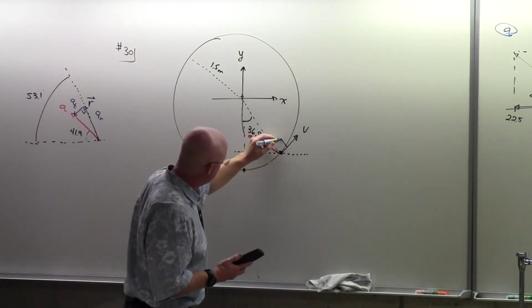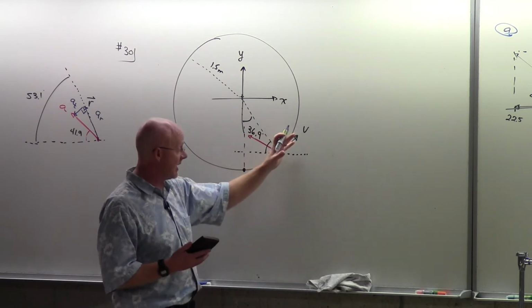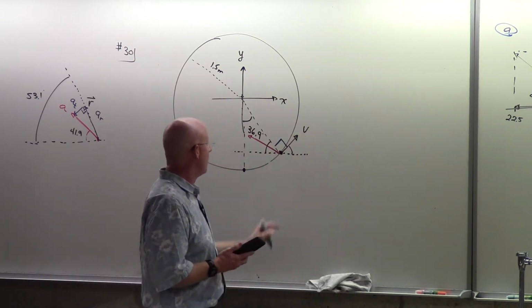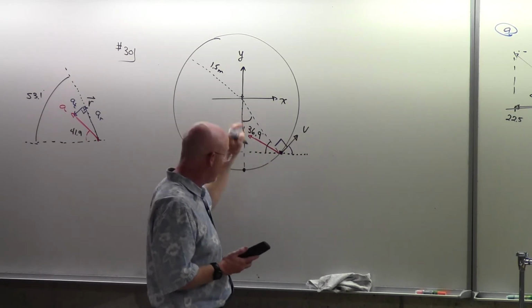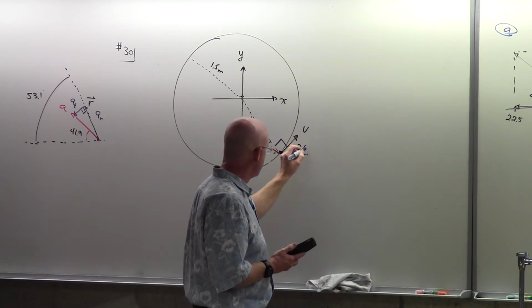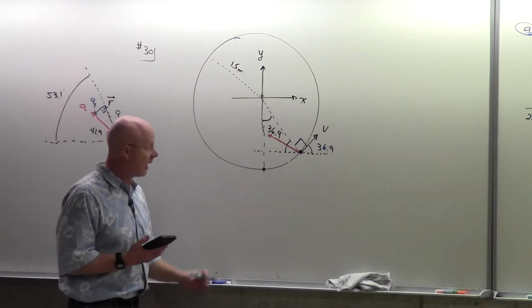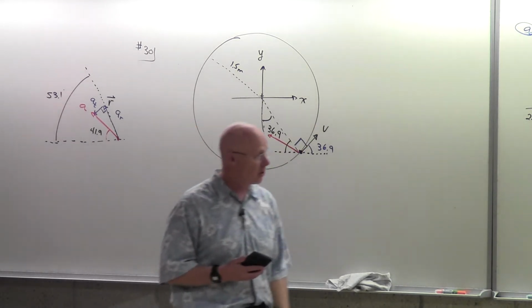But this angle there would be 90 degrees because that's the radius and that's tangential. And so that means this angle would be the complement of that one, which was the complement of that one. So we're back to our 36.9 degrees. So as I look at this picture, I know that it's heading upward at 36.9 degrees.